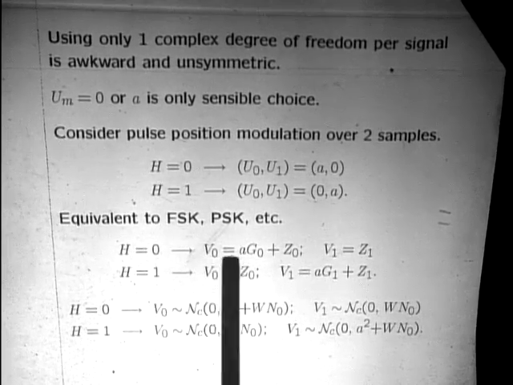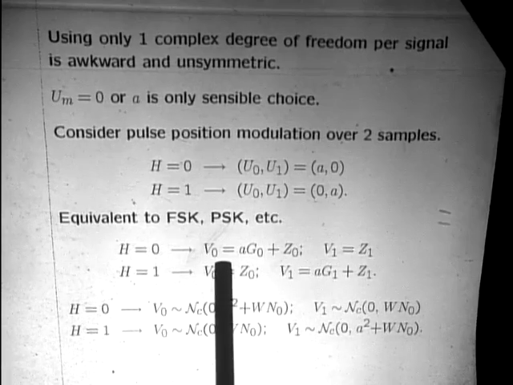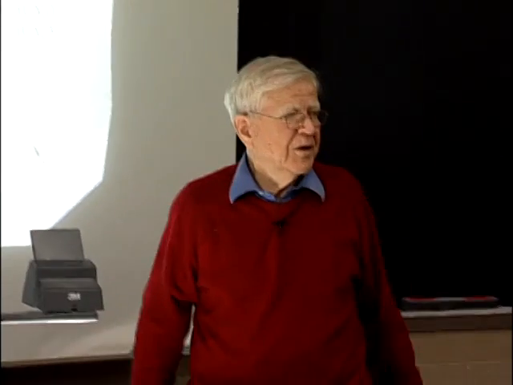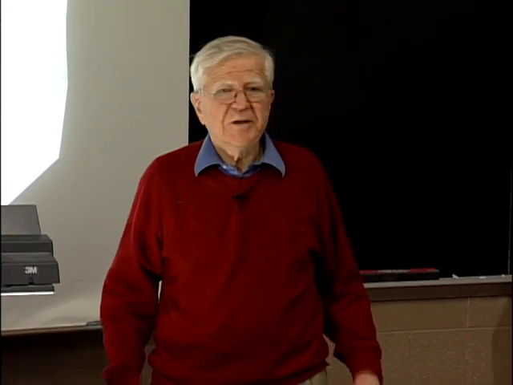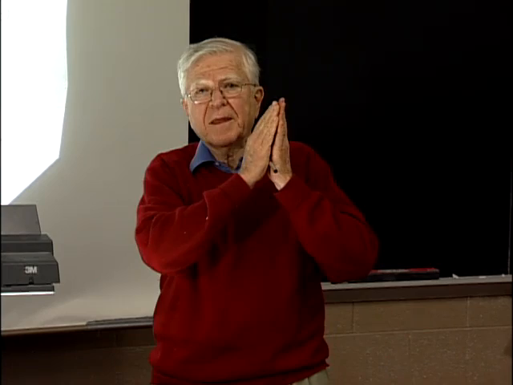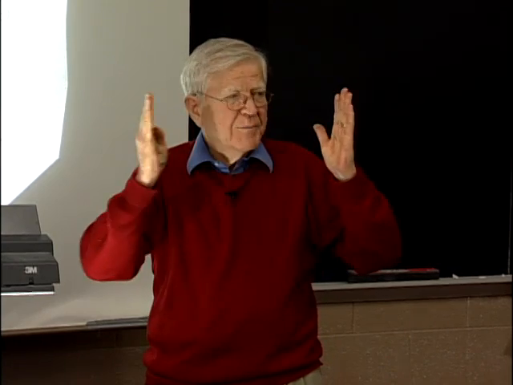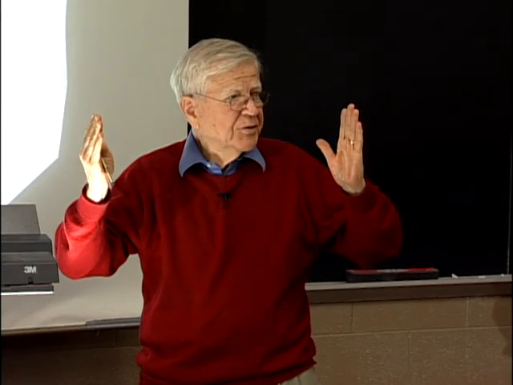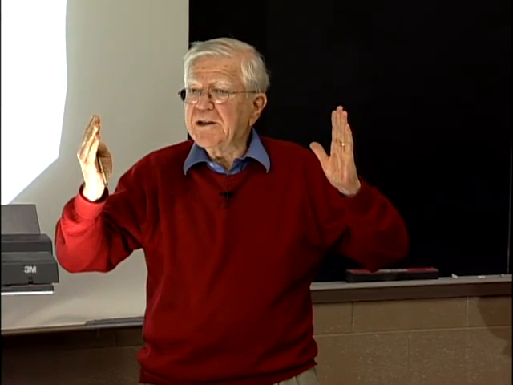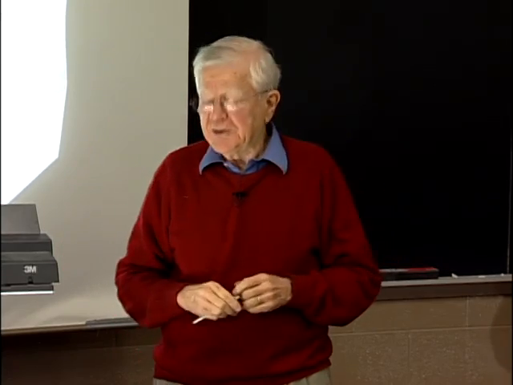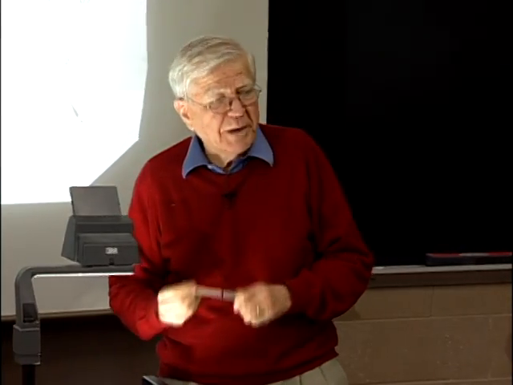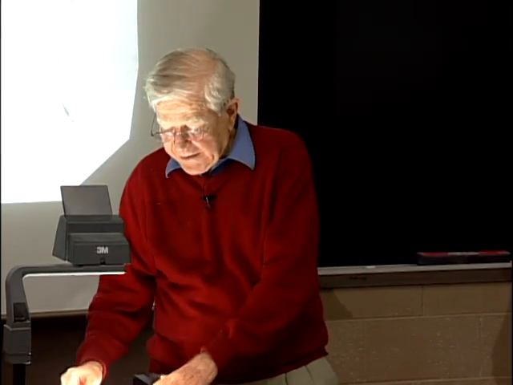In this case, the power in the signal is not quite A squared because we only send energy in one or the other of alternate degrees of freedom. So if we look at a time of 1 second, we get W complex degrees of freedom to use. We only send energy in half of those, so that the actual power that we're sending is A squared divided by 2.